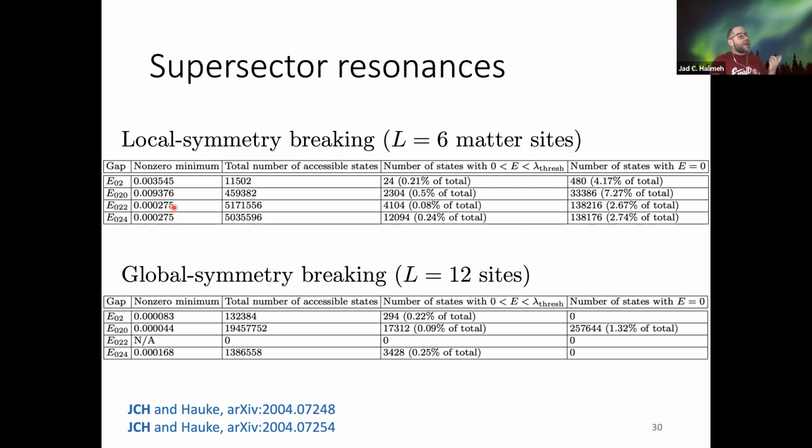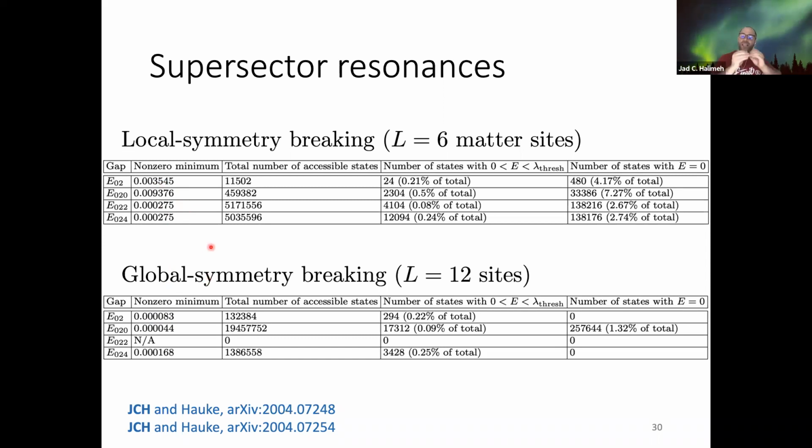Now you can tell me, okay, but as you go to larger and larger system sizes, these non-zero minima will become smaller and smaller, and indeed they do. But the good news is, when it comes to local symmetry models, or lattice gauge theories in this case, you have a lot more degeneracies due to these local constraints than global symmetry models.